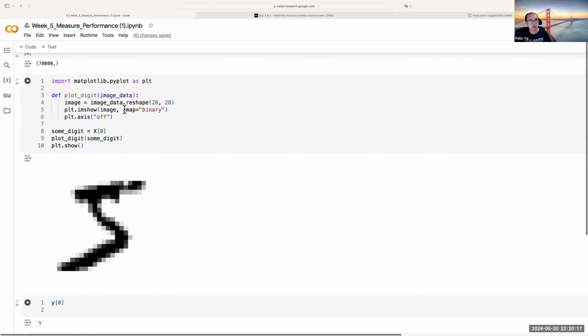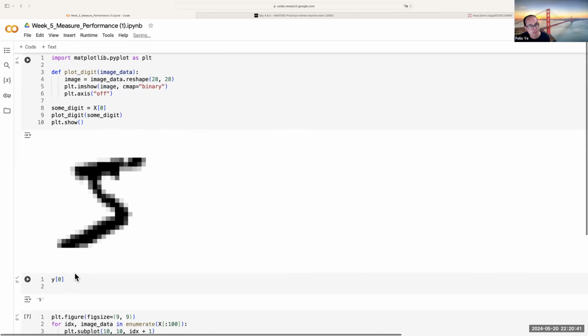You can plot it: I reshape it back into 28 by 28, which gives the pixel values of the image. You can use imshow to see it, and this is actually a 5. If we key in y[0] to output the label, the label is also 5.